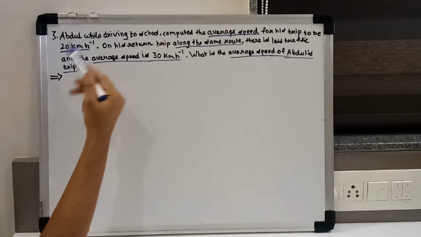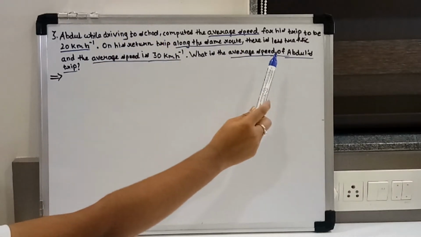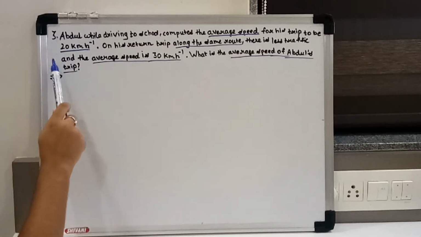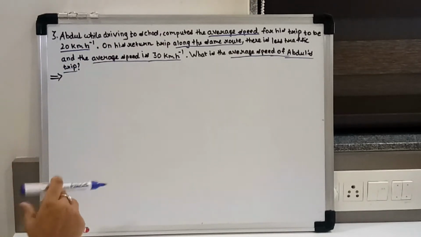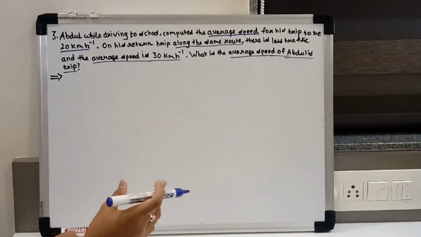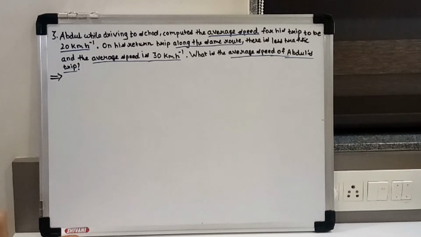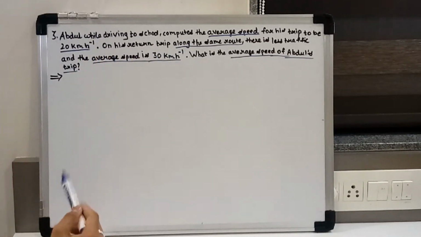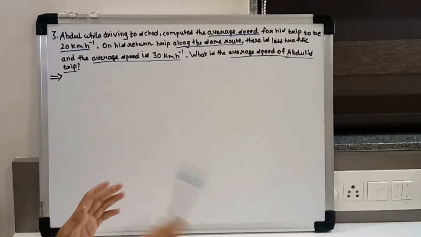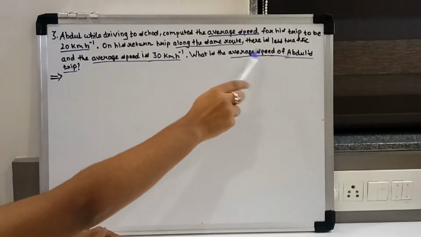Abdul, while driving to school, computes the average speed for his trip to be 20 km per hour. On his return trip along the same route, there is less traffic.